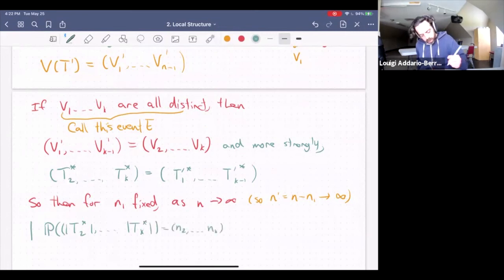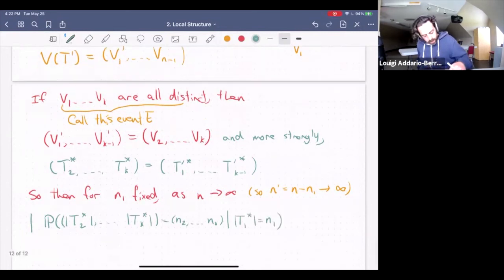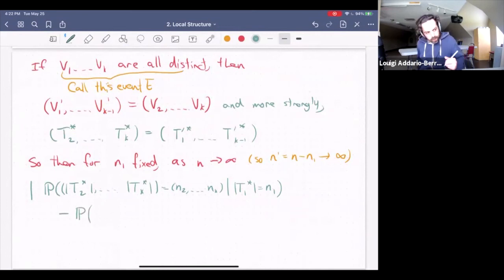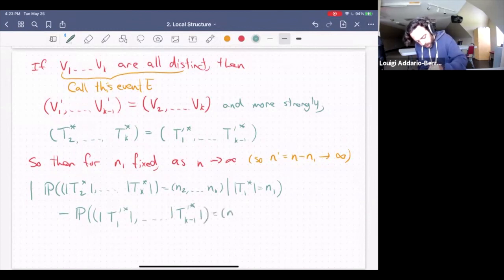So the probability that I see particular sizes N2 up to NK, given that that first tree has size N1, what is the difference between that and the probability that in the tree T prime, the corresponding subtrees, the T prime star I feel bad about, but oh well, have those sizes N2 up to NK?